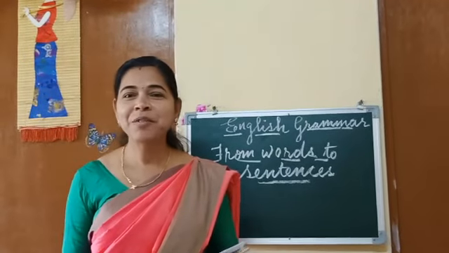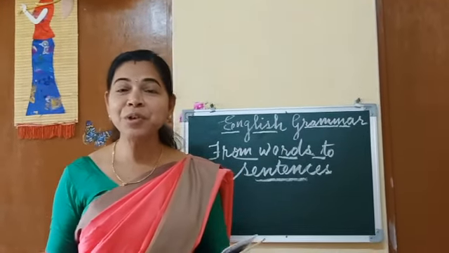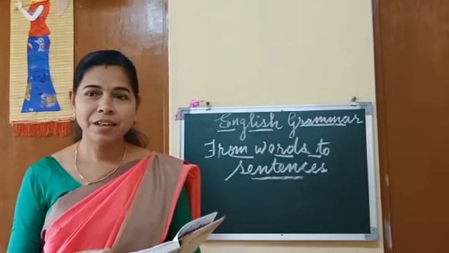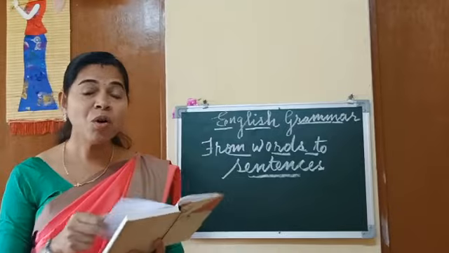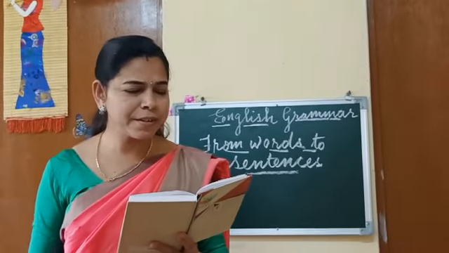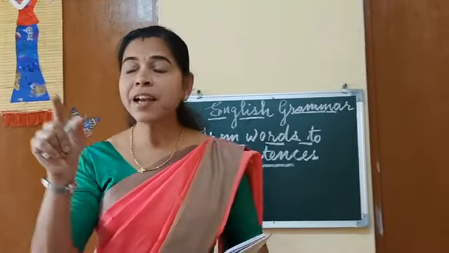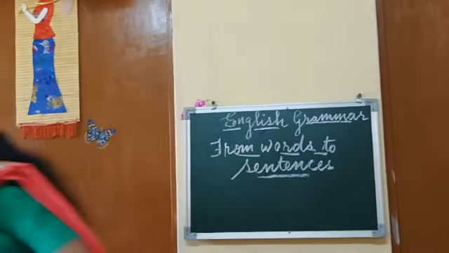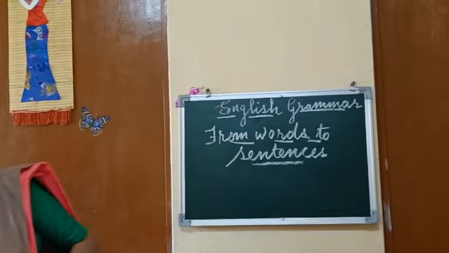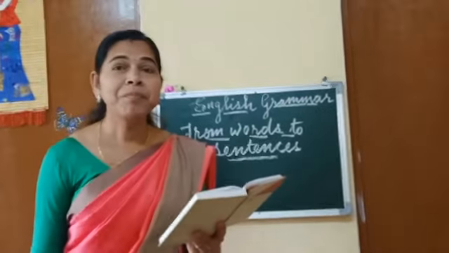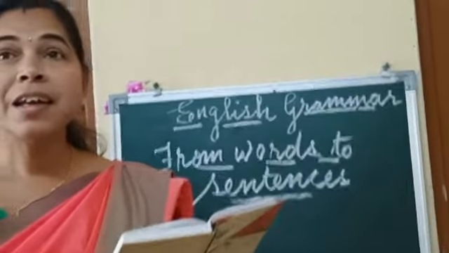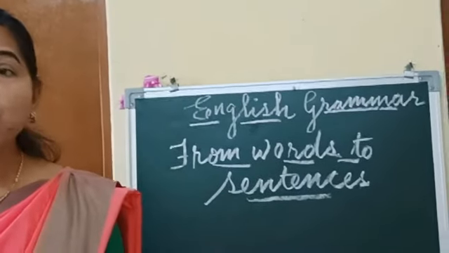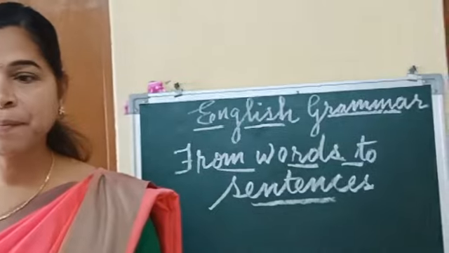I know that from LKG onwards you have learned these 26 alphabets. So how many alphabets do we have? We have 26 alphabets. And these alphabets are divided into two types. There is no need to go in a detailed way. We know that these 26 alphabets are divided into two types, and they are vowels and consonants.